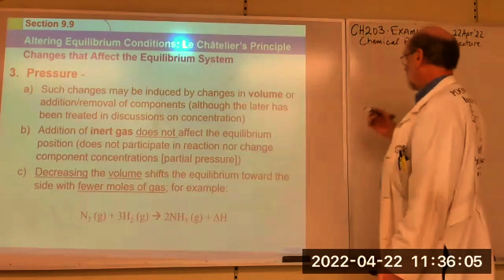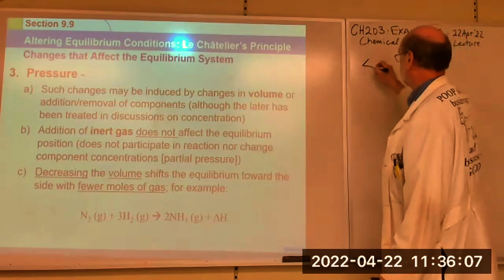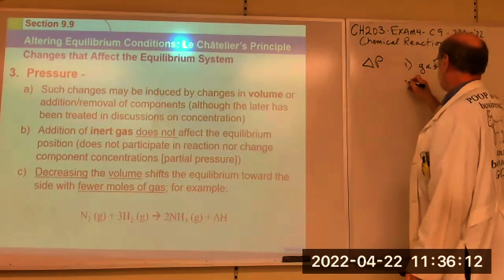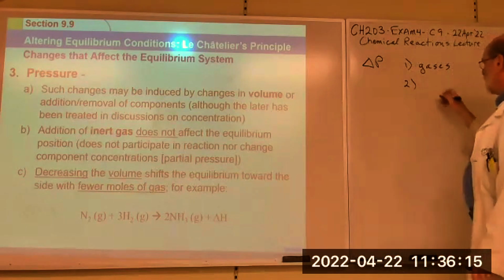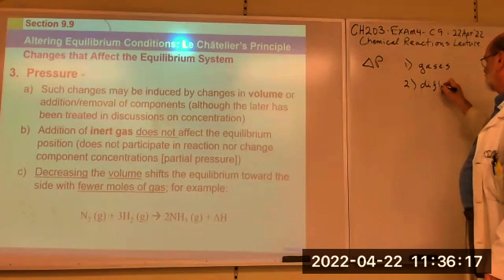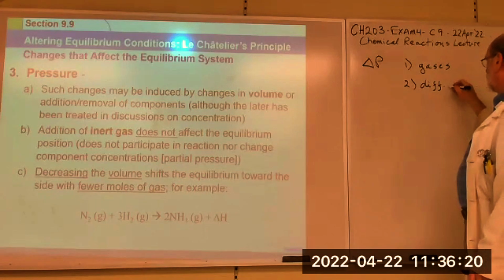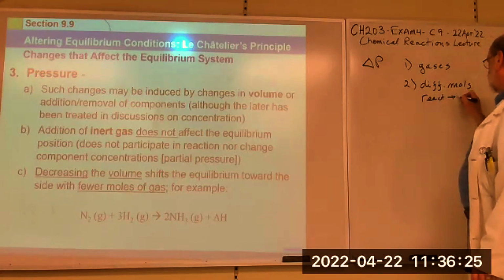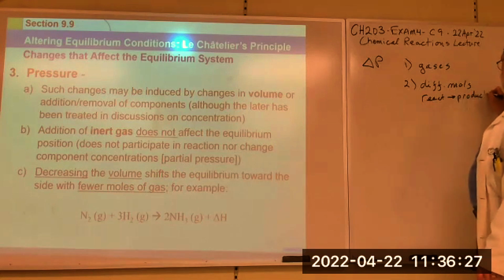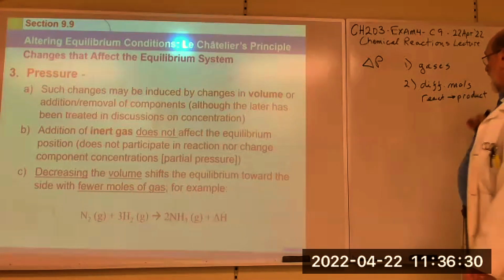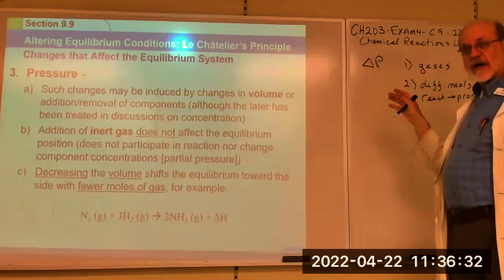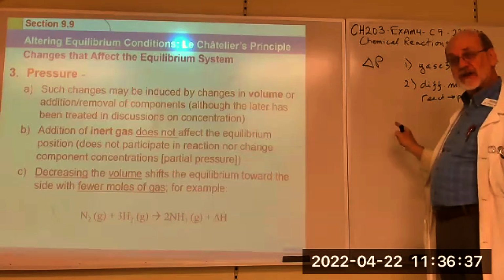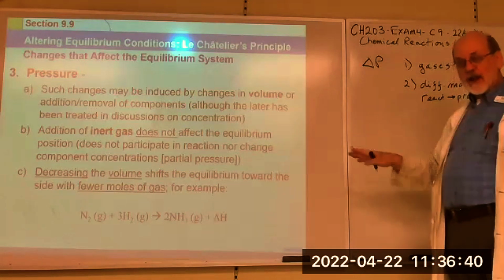First condition for changing pressure: you have to have gases, and you have to have a difference in moles from reactant to product. If you've got gases on both sides of the reaction and the same number of moles of reactant gases as product gases, then changing the pressure will have no effect.